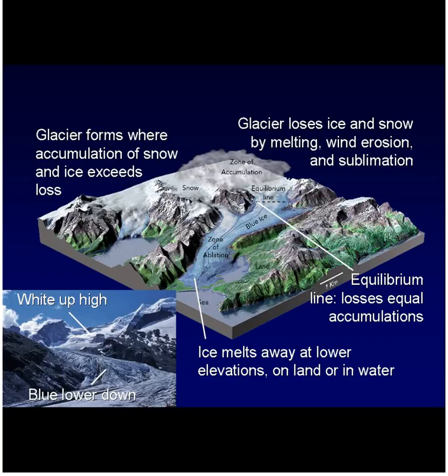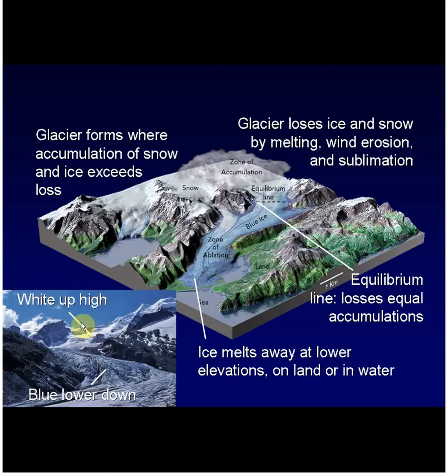Another feature that we can recognize in clean glaciers, which don't have much debris on the surface, is the zone of accumulation here and the zone of ablation in specific changes in colour.